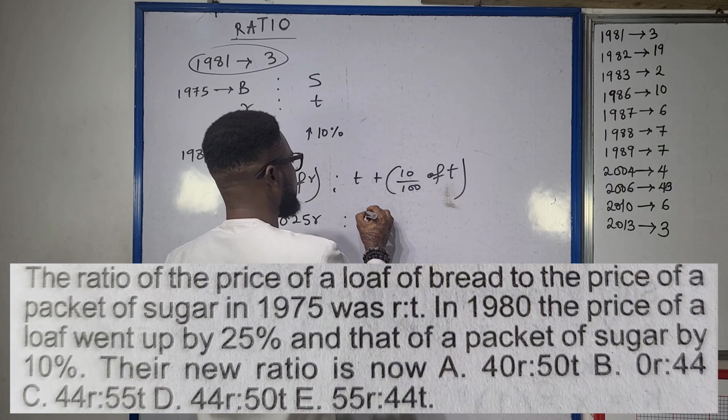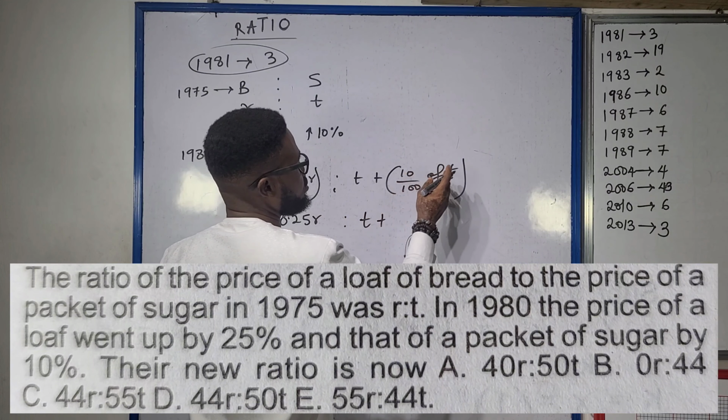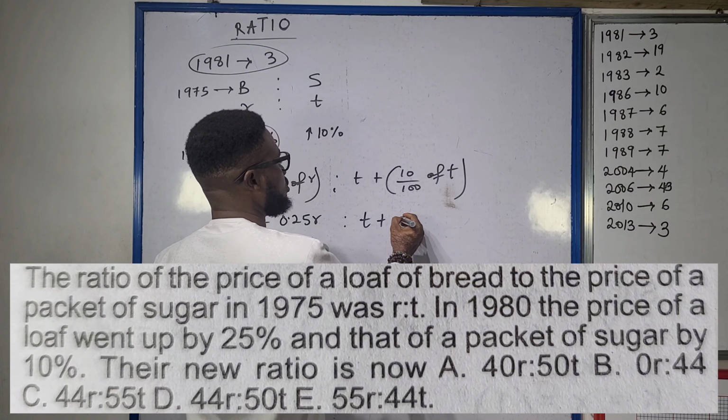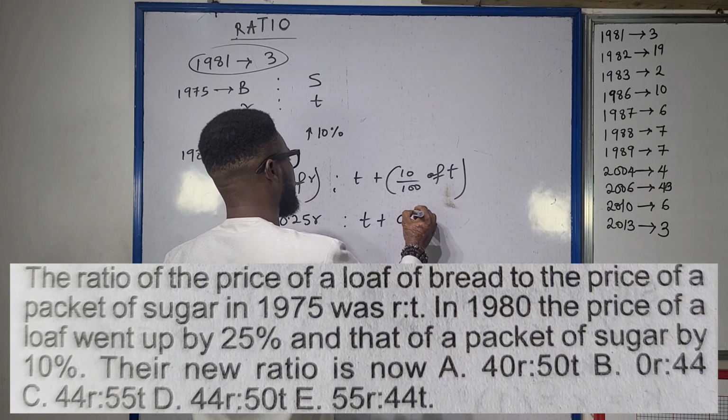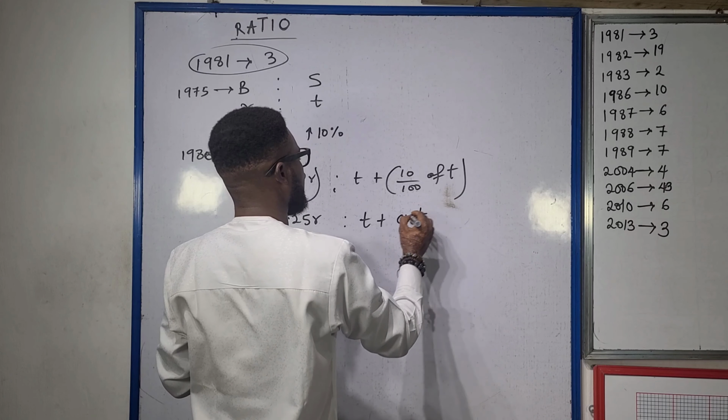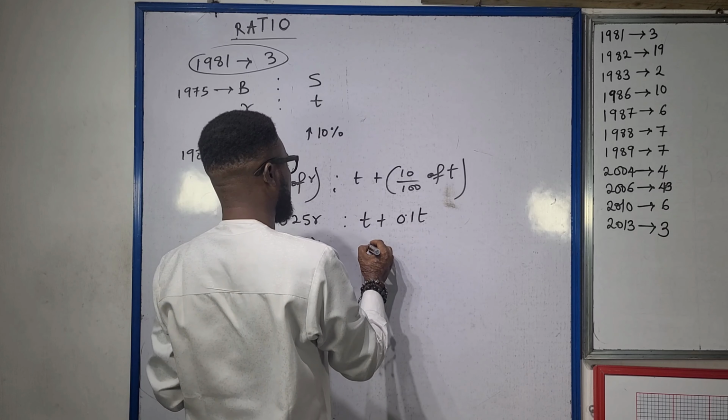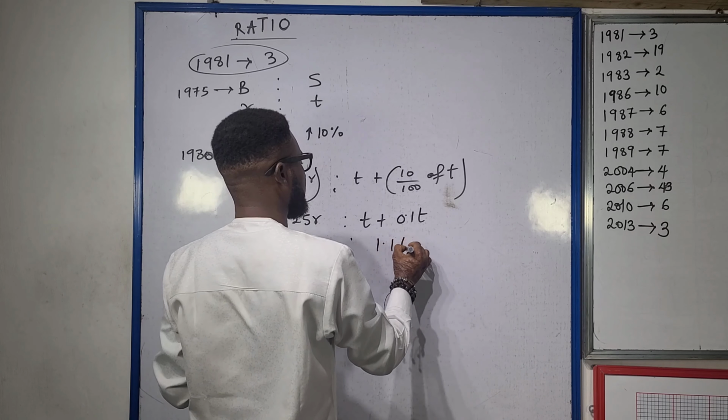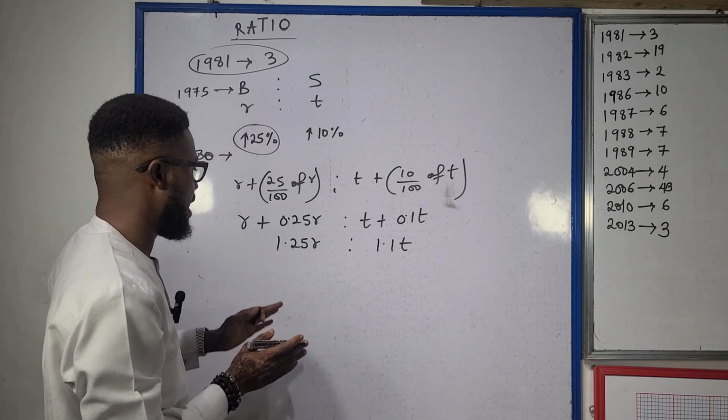T here is going to mean T plus 10 over 100 times T. That's going to give you 0.1 T. So 1 plus 0.1 will give you 1.1 T. That's what we are going to have here.